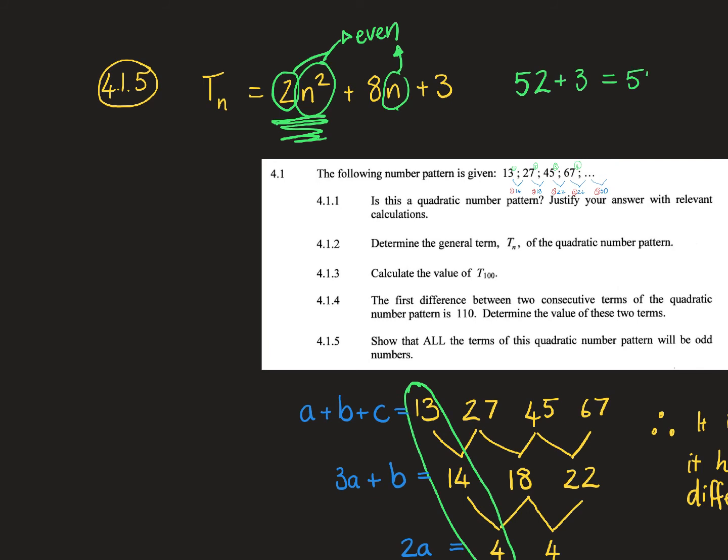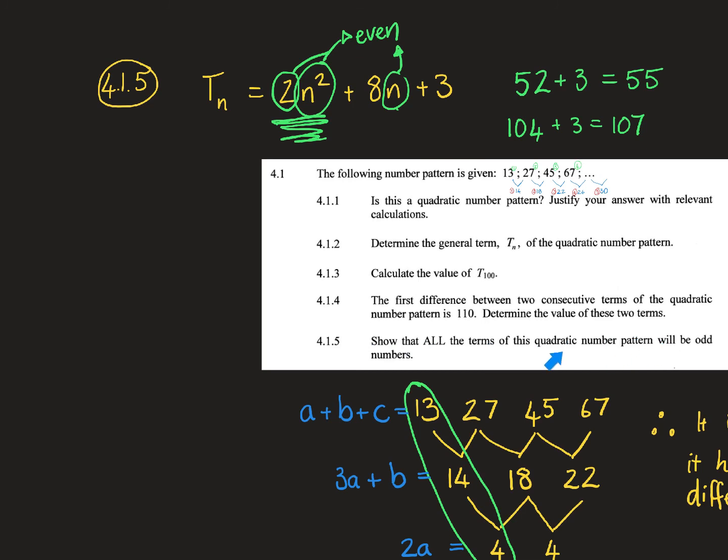So I chose 52. Let's choose 104 plus 3 gives us 107. I'm just proving to you that any even number plus an odd number will give us an odd number.